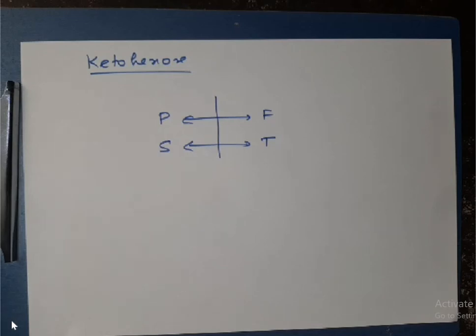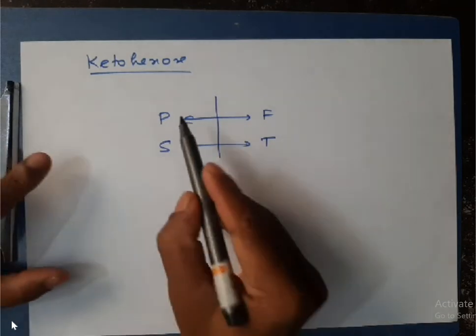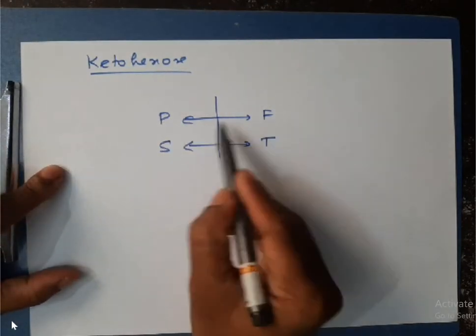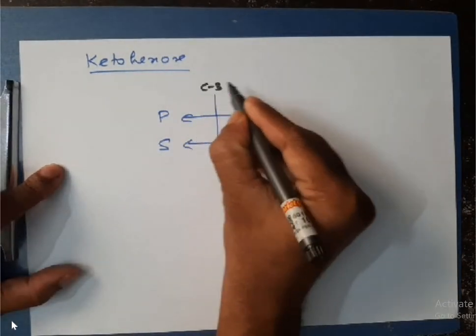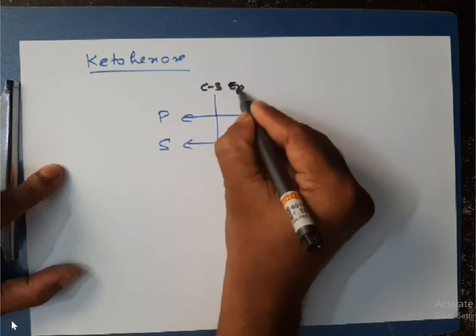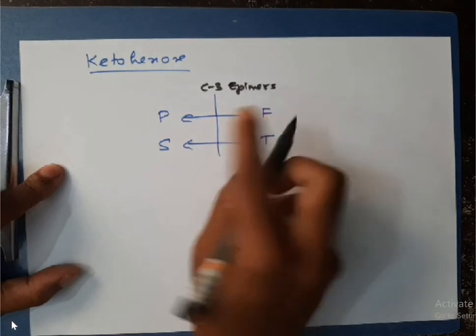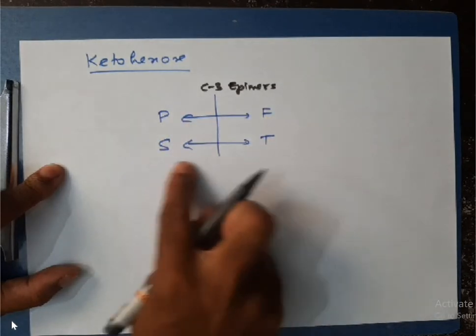Only the third, fourth and fifth carbons are chiral. Therefore, in ketohexoses, you will never have C2 epimers. So here, psicose and fructose, these two are C3 epimers. These two pairs are C3 and these two pairs are also C3.